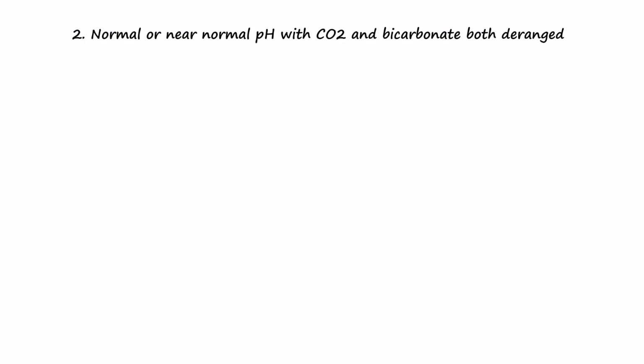The second clue to identifying mixed acid-base disorder is the normal or near normal pH with CO2 and bicarbonate both deranged. At a glance, it will seem like the changes in CO2 and bicarbonate are compensatory. But mostly the values of these parameters are out of the expected range of compensation, though they change in the same direction.